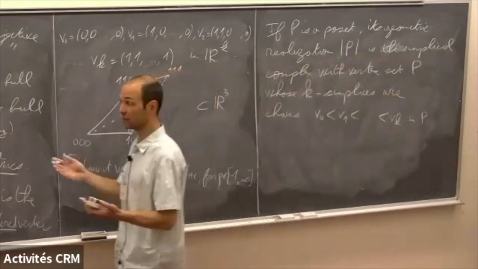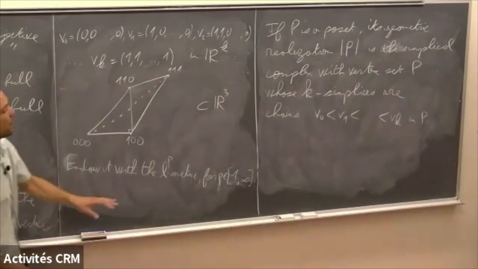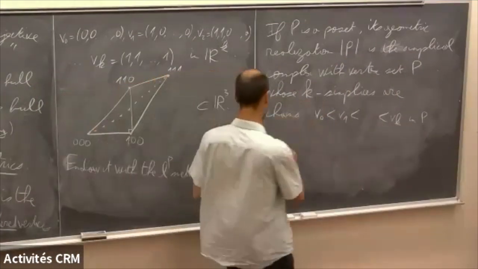So for the poset you have a geometric realization, which is a simplicial complex. Sometimes it's called the derived complex. And this complex is a simplicial complex, but it also has the property that every simplex has a total order on its vertex set. So you can use this metric on each simplex.